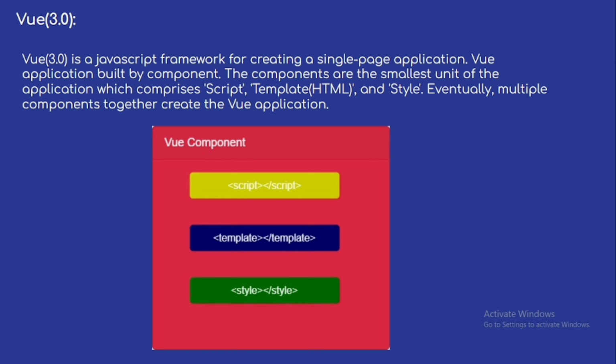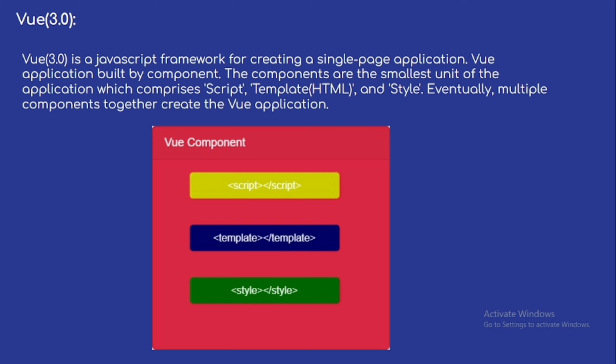So Vue3 is one of the famous single page application. It contains components. Okay, the component is nothing but the smallest unit of code or a piece of code. To create a component, we should have script, template, and style elements.